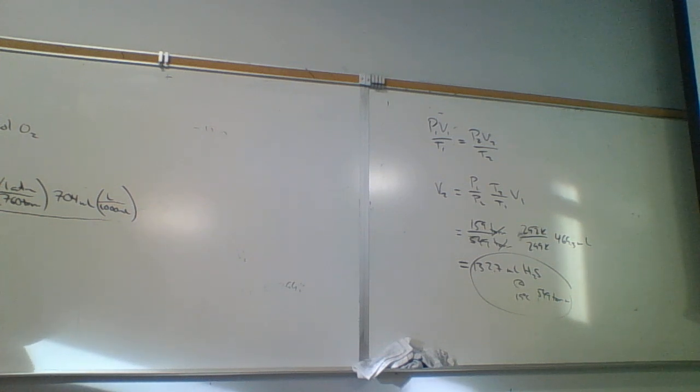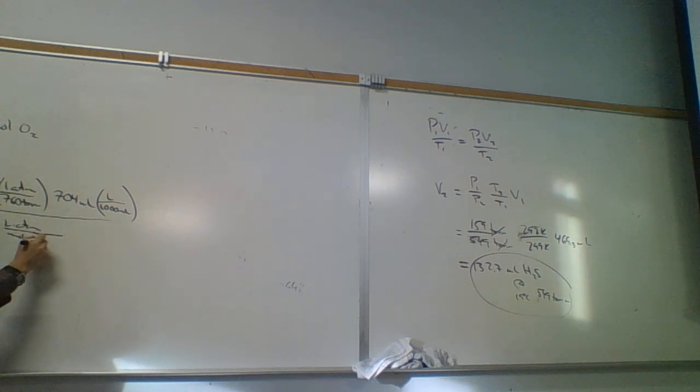I don't want to memorize different values of R. I only want to memorize one value of R, and that is 0.08206 liters atmosphere per mole Kelvin. So I need to make sure I have atmospheres as the pressure unit, liters as the volume unit, and Kelvin as the temperature unit. And so the temperature is 26 degrees C, which would be 299 Kelvin.